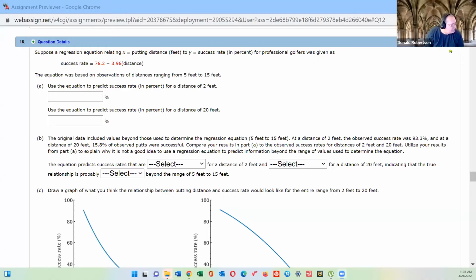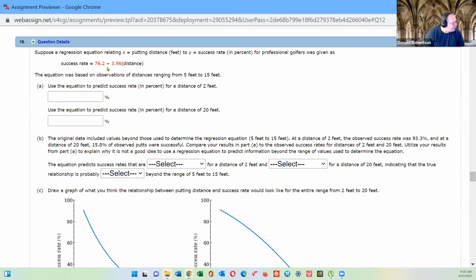So let's move back to some more of these homework questions. So I say my goal today is to get this done. Just checking with them. Oh, I got this question. Here is the formula that you're already given. X is the putting distance, and Y is the percentage as a success rate.